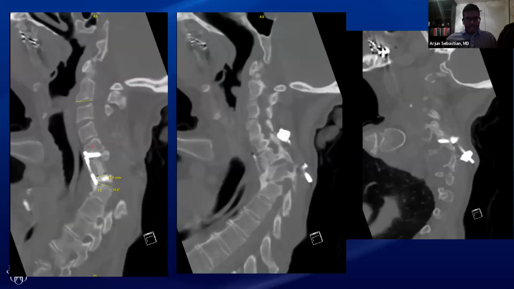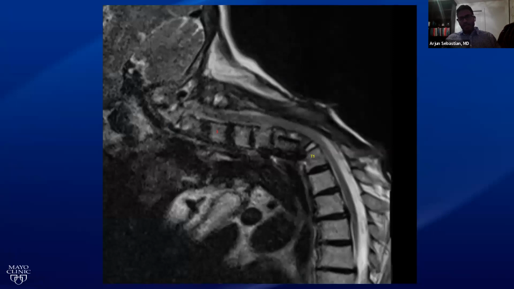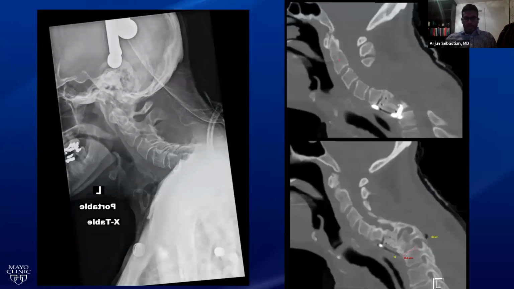We obtained a CT scan, which demonstrates some evidence of ankylosis across that C7-T1 disc space, as well as instrumentation failure posteriorly and pullout. And then on MRI, she had a fairly significant post-laminectomy membrane and cord compression associated with her kyphosis.